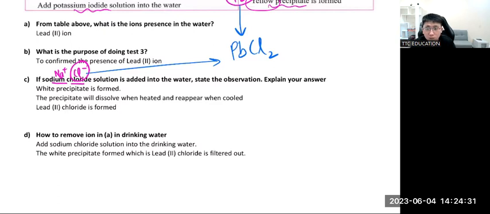Salt preparation, page number 34, question number 17.